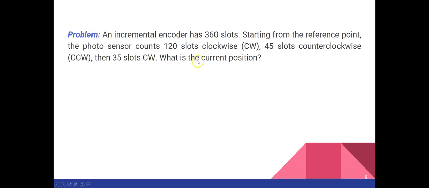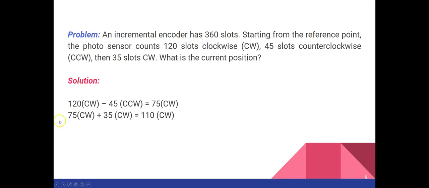What is the current position of the incremental encoder? You can calculate this by using this formula. You know that 120 slots is clockwise first, and then it is anti-clockwise by 45 slots. So you subtract it by this, and then you will get 75.